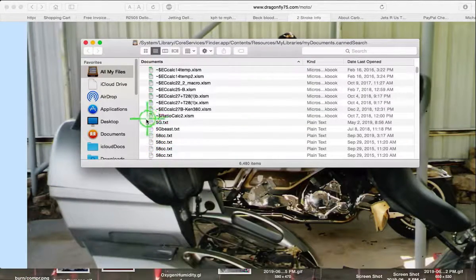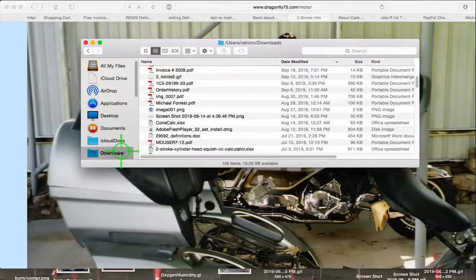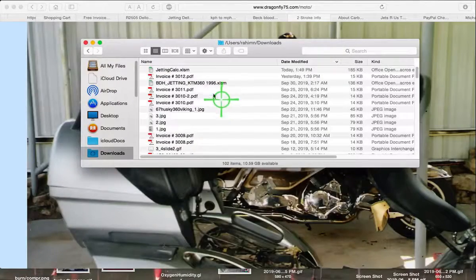If you have Excel, when you download or receive a spreadsheet like one that's sent to you in an email, you just find its location. In this case, it's in the downloads folder.